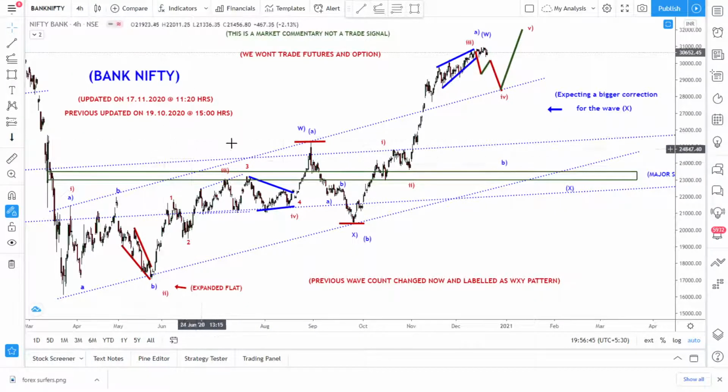See, in the previous one I changed the label to a WXY pattern, it was changed already. But in the previous one what I did is 1 2 3 4 and 5, this is the A B and C as a 5-wave structure.